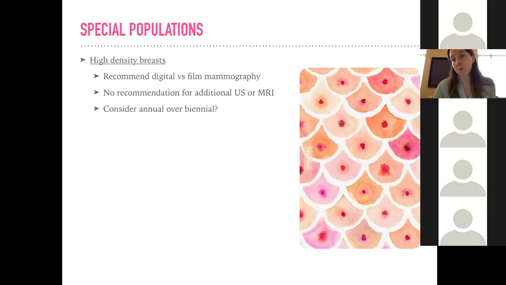There are very few film mammograms done here, but ordering a digital or the 3D digital tomo mammograms are the best things for these high density breast exams, just because they get a better picture. But for high density breasts, you could consider annual over biennial exam. This is again, maybe one of those cases where they fit into that intermediate group, and they might want to just do an every year versus every other year if that gives them peace of mind.